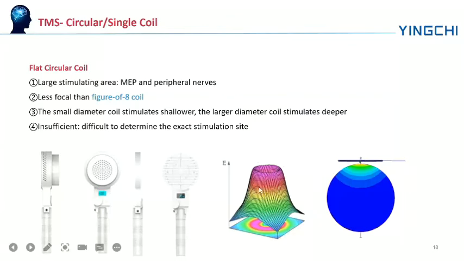It is suitable for inducing MEP and stimulating the peripheral nerves, but it is less focal than the figure-of-8 coil, so it is difficult to determine the exact stimulation site. One important thing about the flat circular coil is that a larger diameter coil may stimulate deeper, for it has a stronger magnetic field.